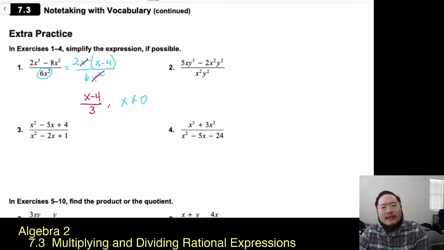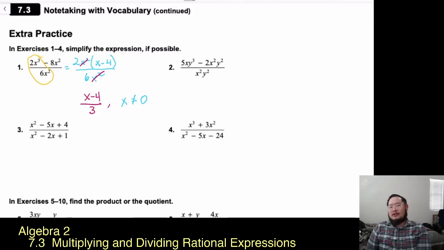Quite often, why students miss these problems is that they look at the denominator and at this 2x to the third, and they say, I could reduce that down. Yes, you can. However, remember that 6x squared is being divided into both parts of the numerator.